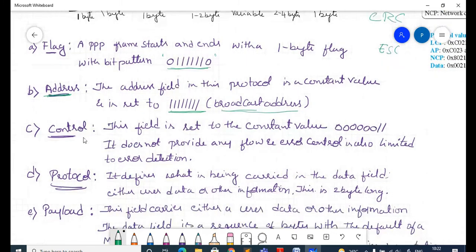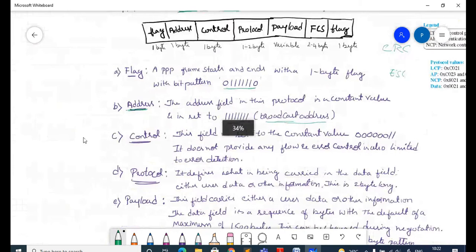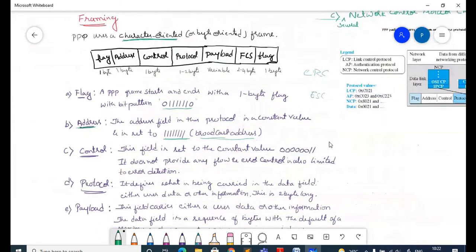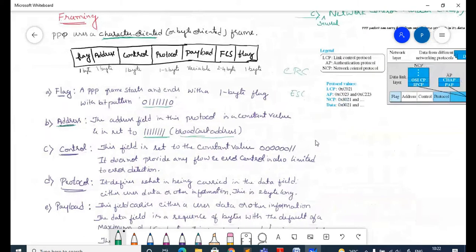Next, control field. What is the control field here? You can just observe that in the frame, the third field is control. This field is set to a constant value. So what exactly is it going to perform? It does not provide any flow or error control. If error control is there, it will be limited to error detection.